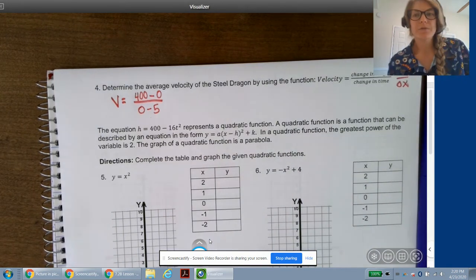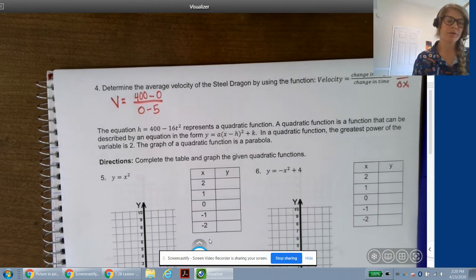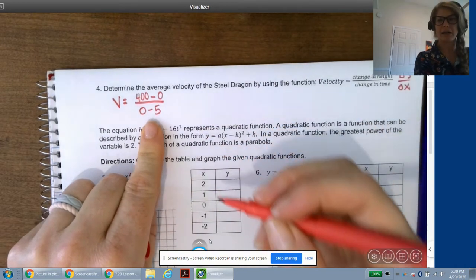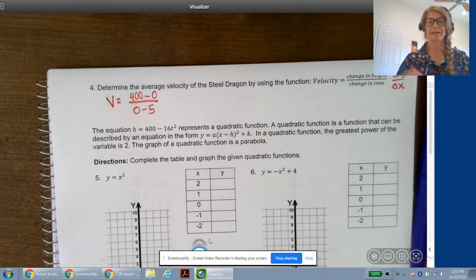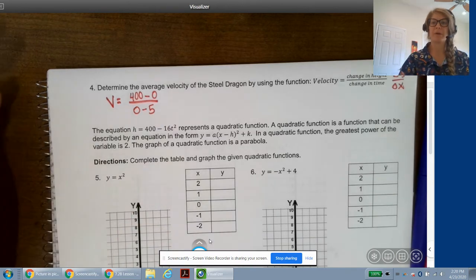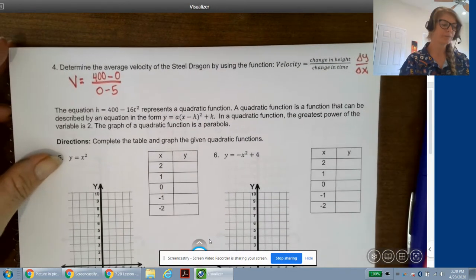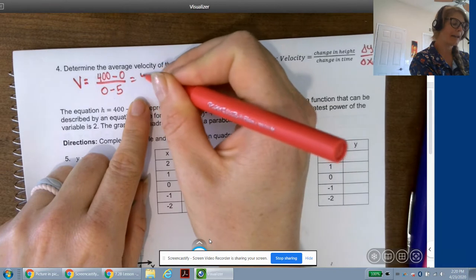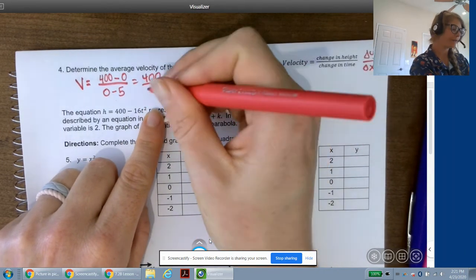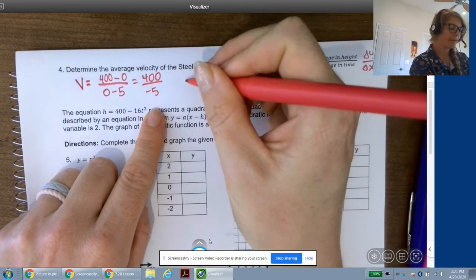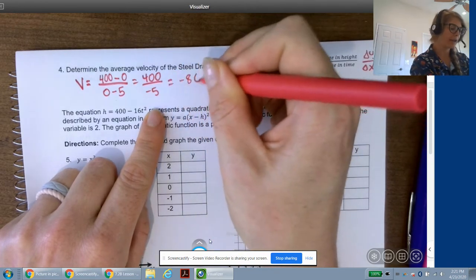We're going to end up with a negative velocity, and that's because we're dropping this whole time. Remember, velocity is speed and direction. So 400 take away nada is 400. 0 take away 5 is negative 5. And that means that we have negative 80.